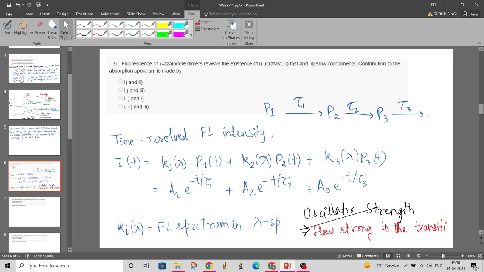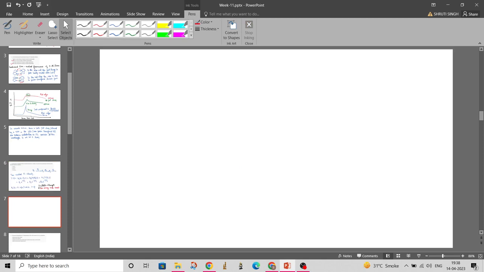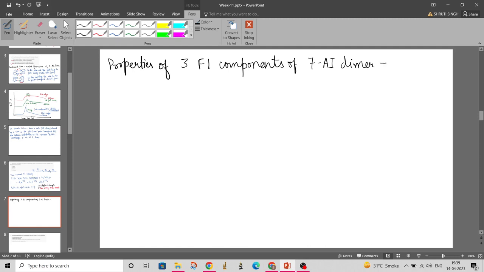So when these things were calculated for the 7-azaindole dimer, their properties came out to be... I'll make a table here.